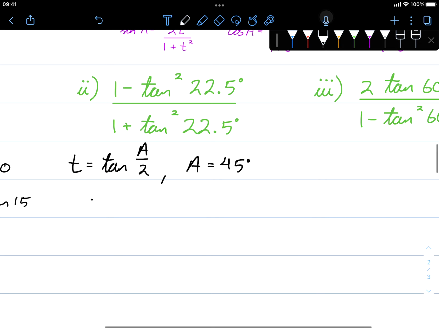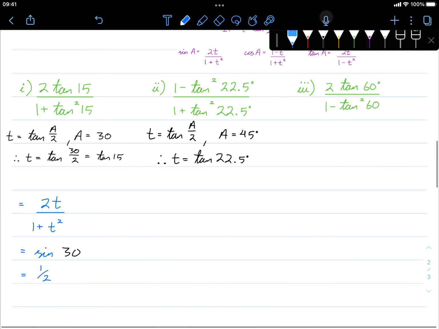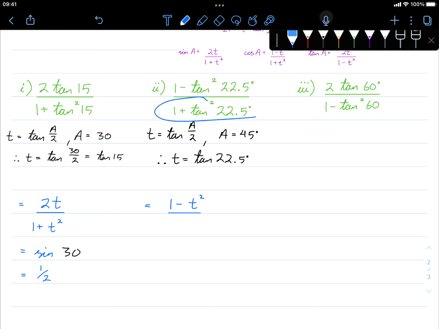From this, we can conclude, therefore, t is equal to tan 22.5 degrees. From here, we can now just substitute: 1 minus tan squared 22.5 is 1 minus t squared, and 1 plus tan squared 22.5 is 1 plus t squared.